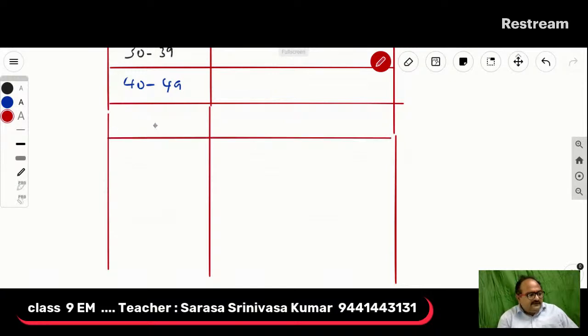Next class interval is 50 to 59. Next class interval is 60 to 69.